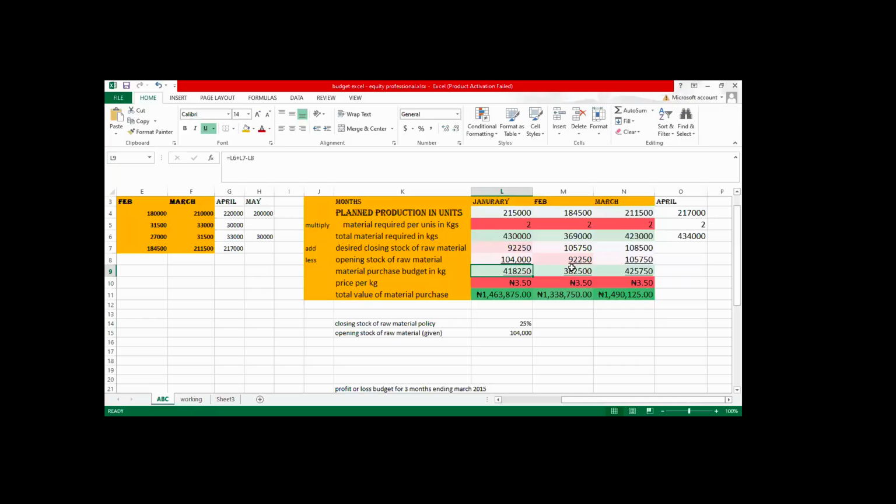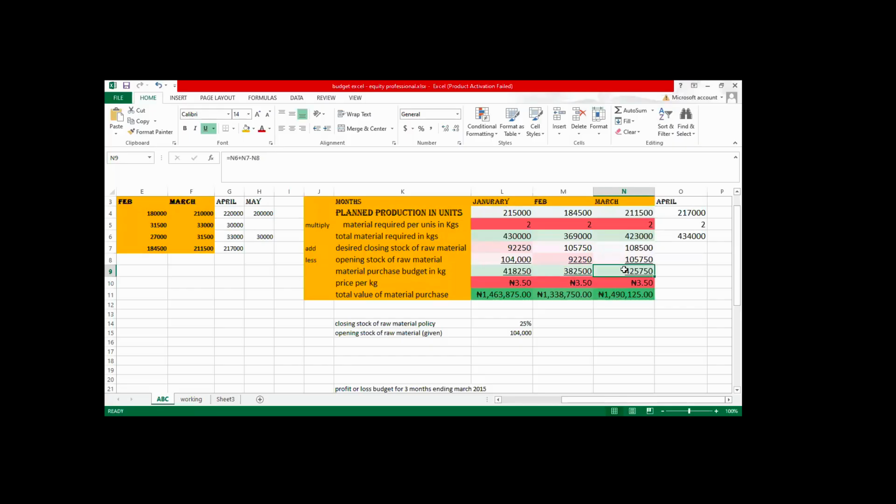Go to February. You are going to purchase 382,500 kg of material. And the price per kg is 3 naira 50 kobo. Please multiply. 1,338,750. We move to March.